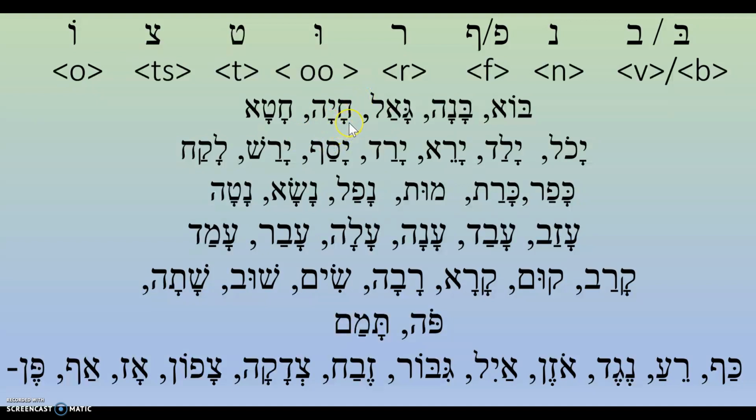It has a rather more rough pronunciation in the beginning because chet is taken way back and it's a guttural letter, also in the throat. So this is khaya, and khaya means to live, to be alive, to stay alive, to revive, to restore to life. The next word is kha.